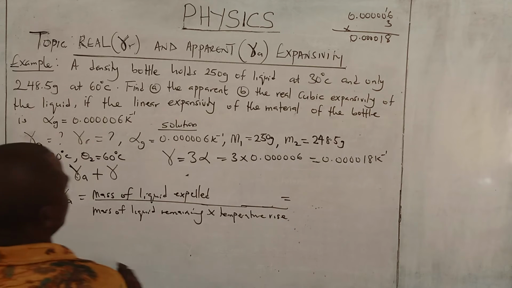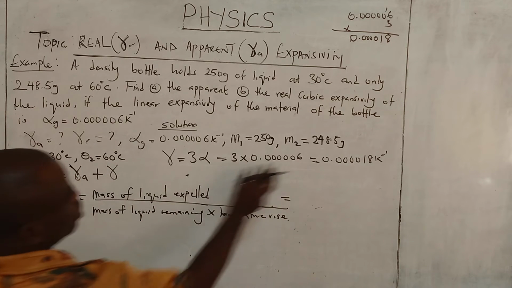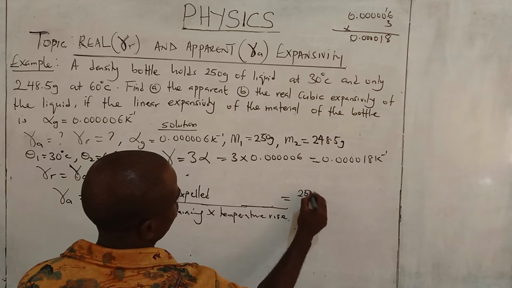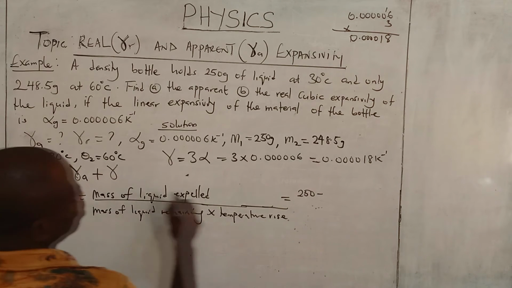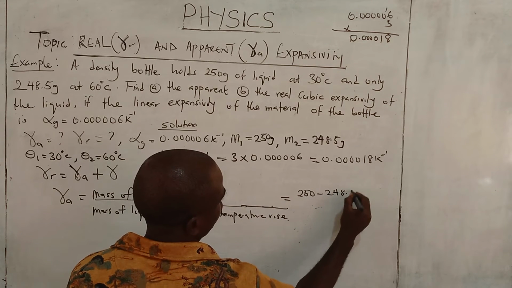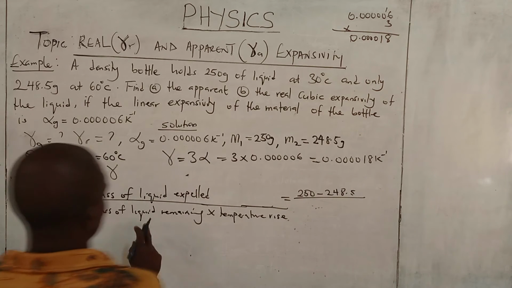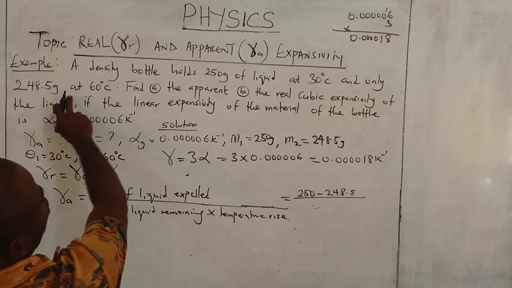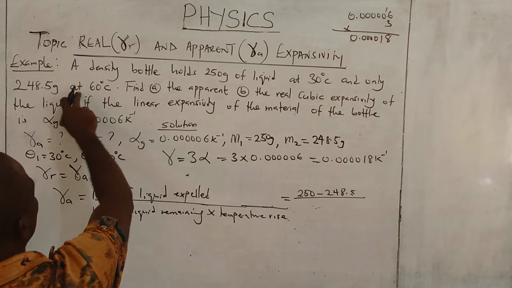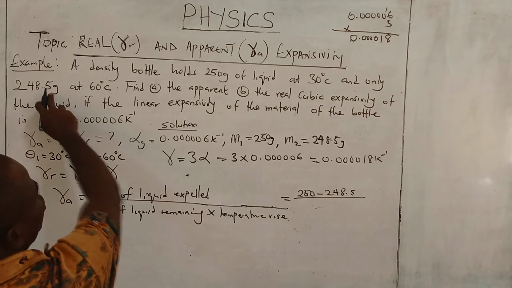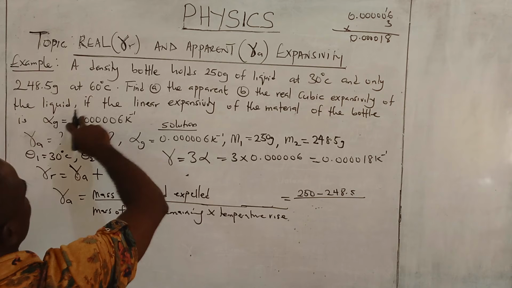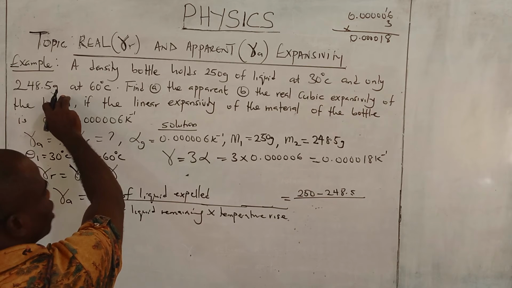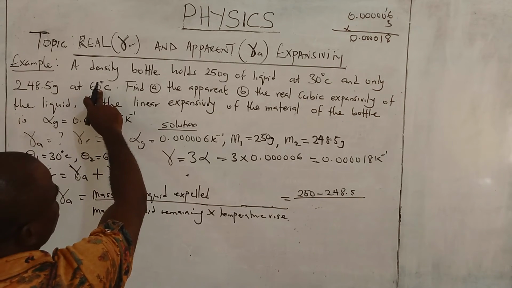Now, what we need to do: the water is in the container that holds 250 minus 248.5, divided by the mass of liquid remaining. When the temperature increases, only this remains. But to know the one that left the bottle, you have to do subtraction.